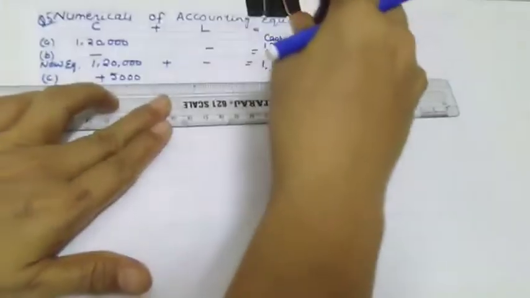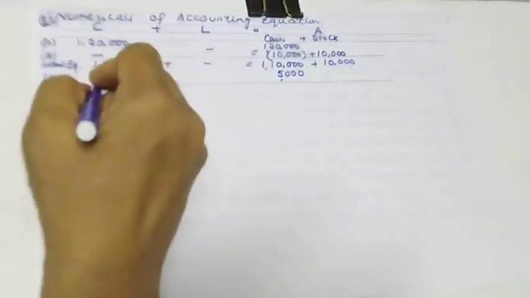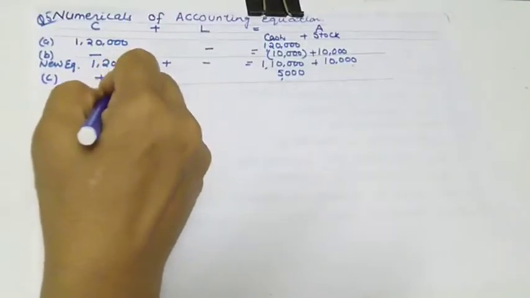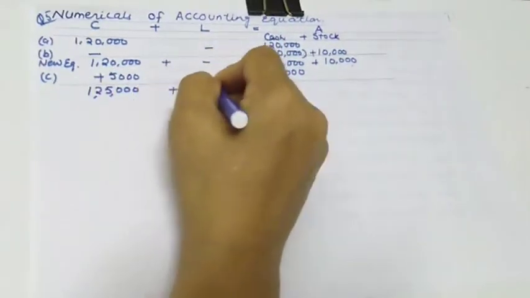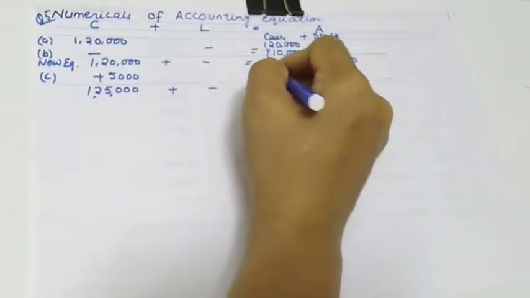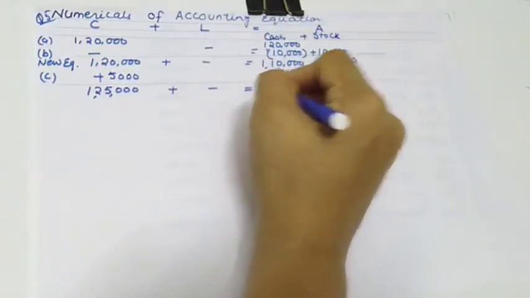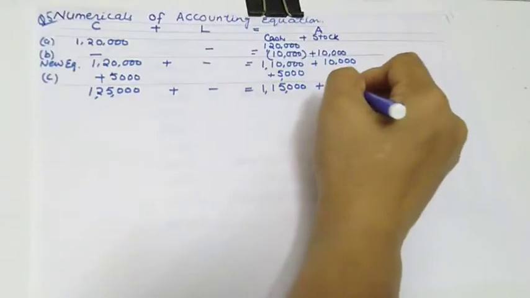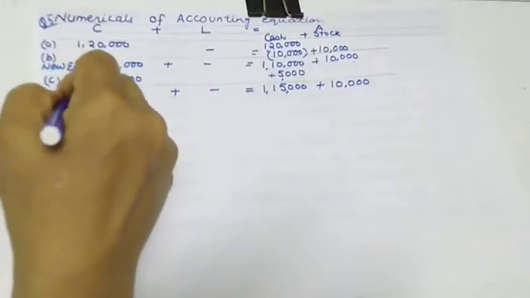So your new equation will be, after this you will be writing your new equation. So new equation will be 1,25,000 here. No change in liabilities. This will also increase by 5,000. So 1,15,000 plus 10,000. This is your new equation.